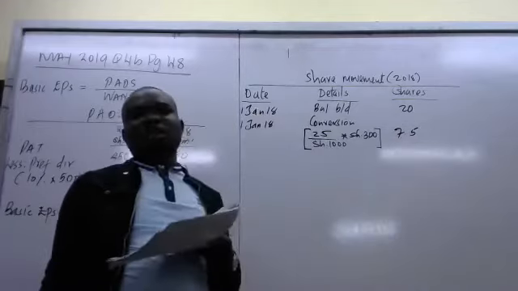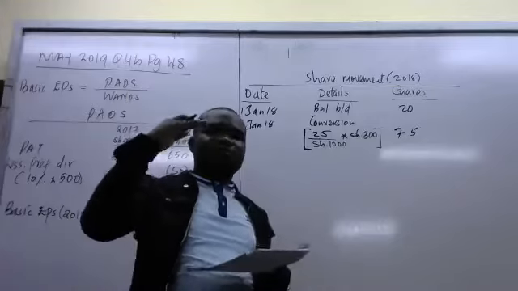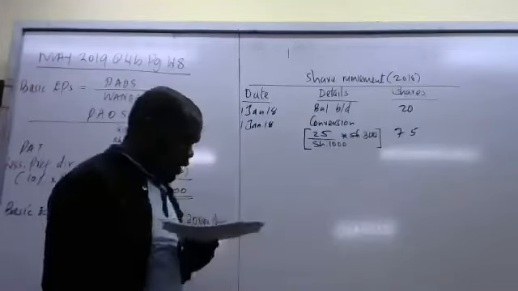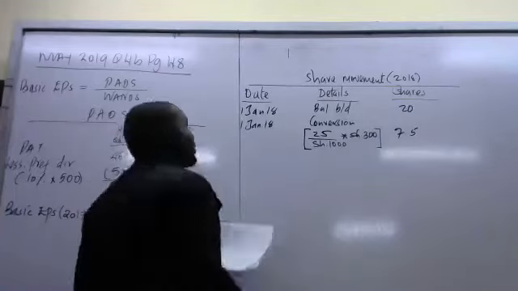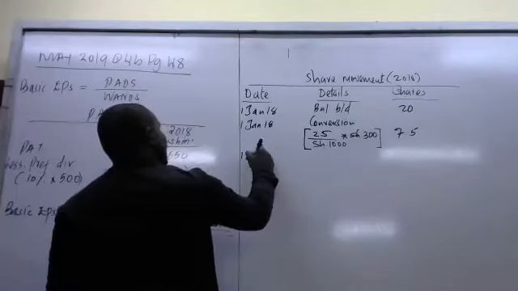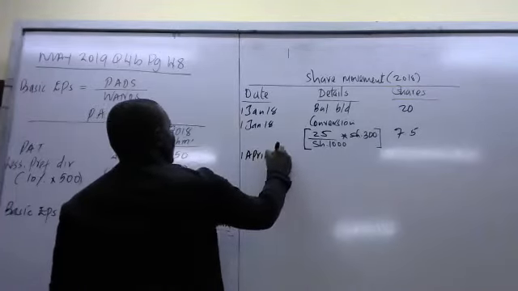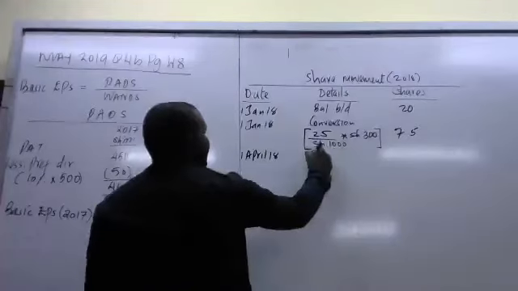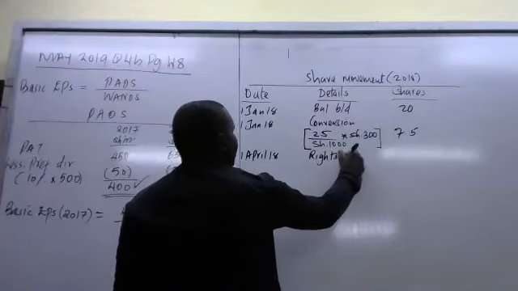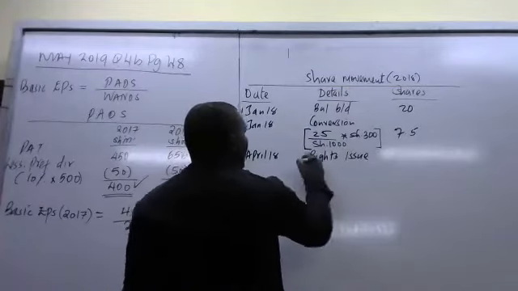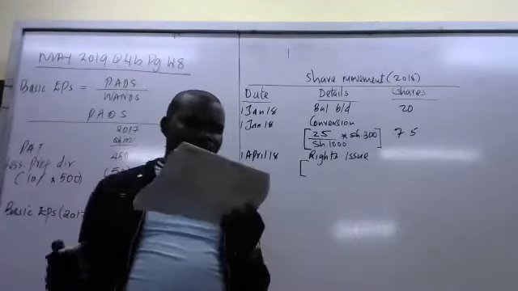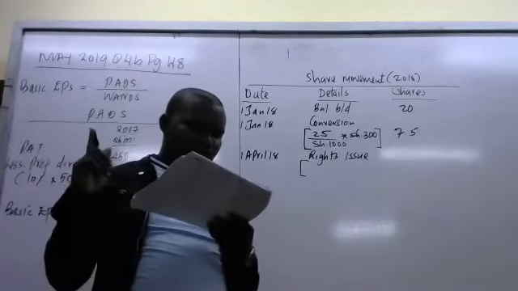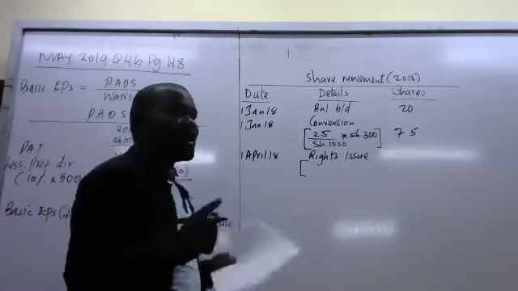Now we go back to note 1. So those dates should go like that anyway. Note 1, there was a rights issue. So 1st April 2018, rights issue. What was the basis? How are they giving the rights? You are to get 1 new for 5.